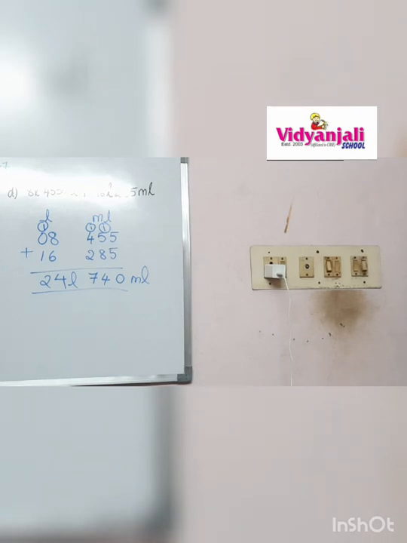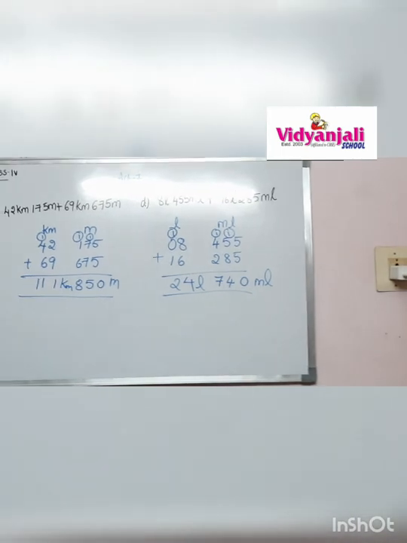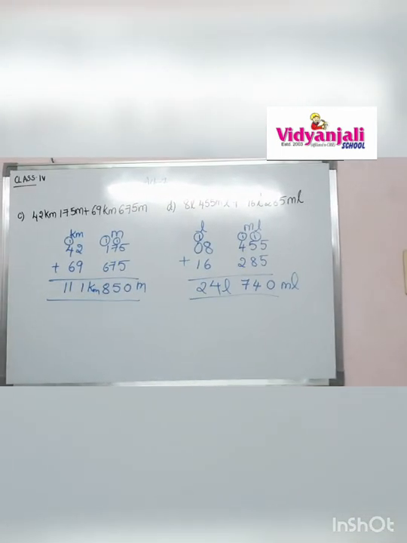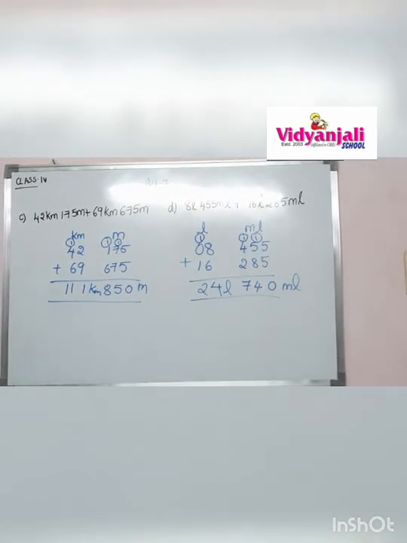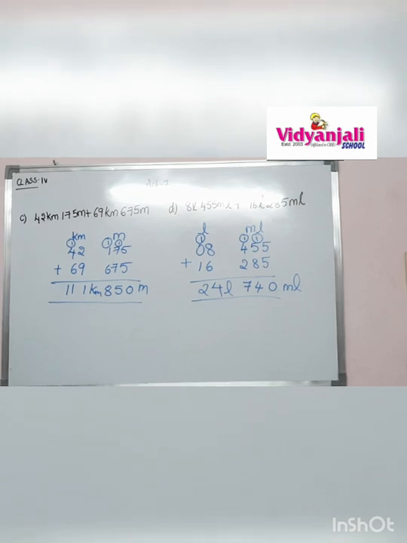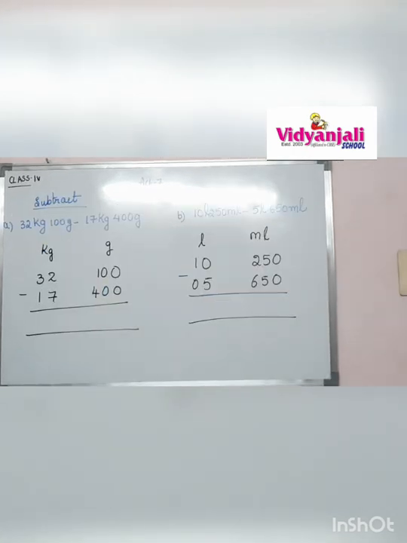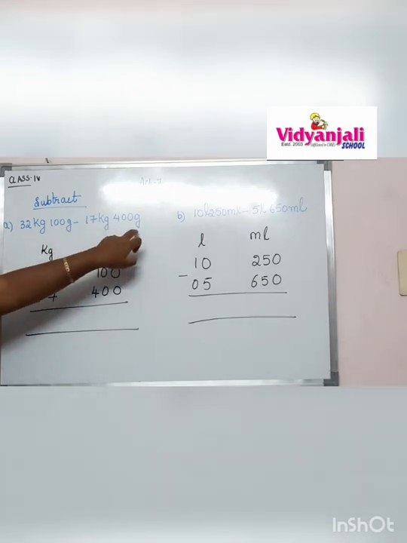Now we will do problems on subtraction. Similarly, how we have separated these units, we have to do that for subtractions also. Let us see the subtractions. Here's the question, children. 32 kgs 100 grams minus 17 kgs 400 grams.